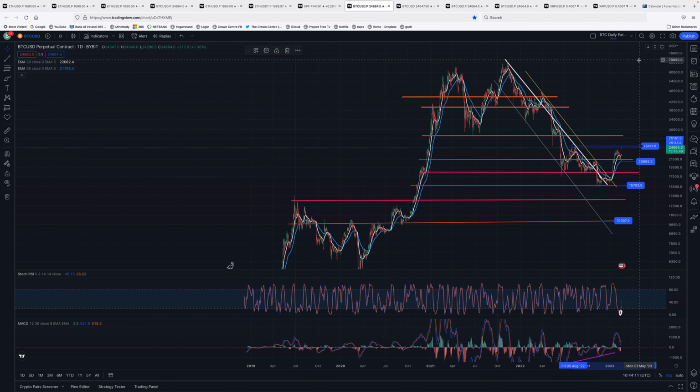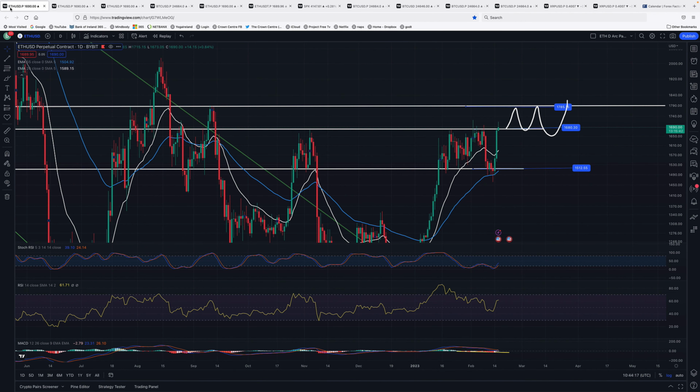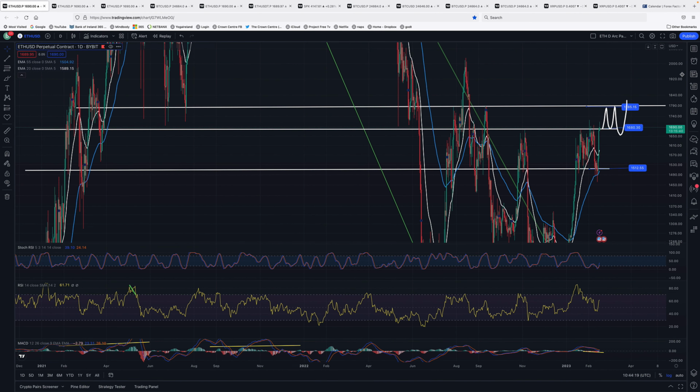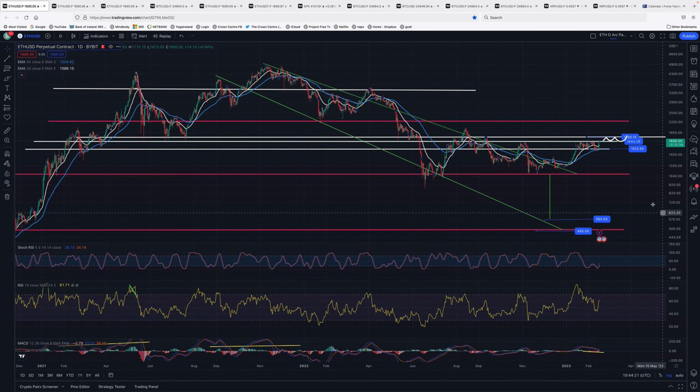That's technically what I do in terms of validation or invalidation of the previous level. So I don't have that confirmation. I can't say we're out of the markdown area.